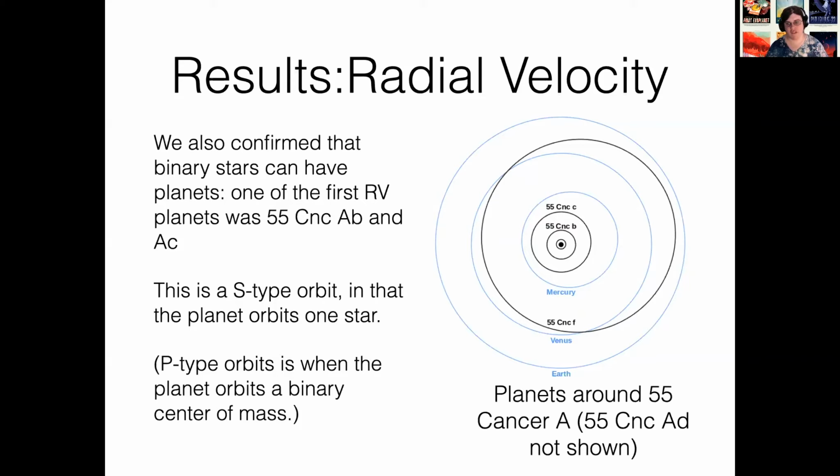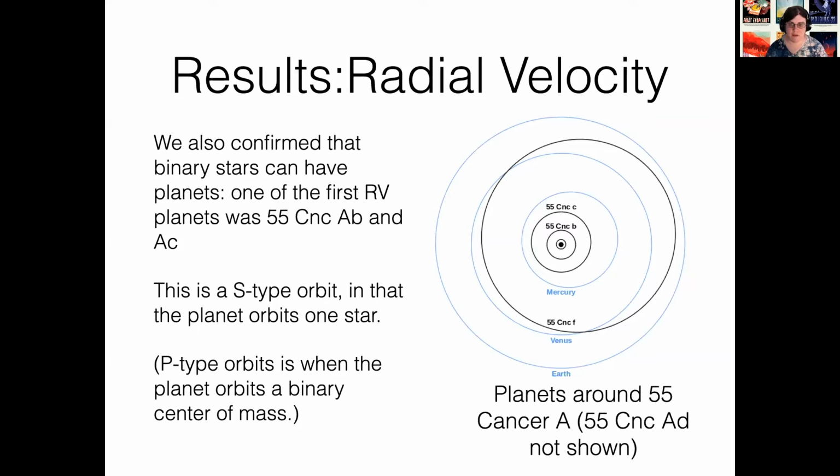So 55 Cancri B was the first planet discovered around the star 55 Cancri. Sometimes for clarity's sake, you will call it 55 Cancri AB. You can also see E is in there, unlabeled, and D is not shown.